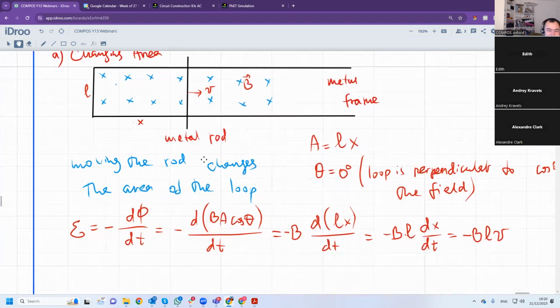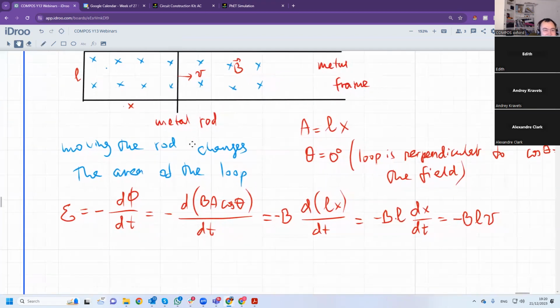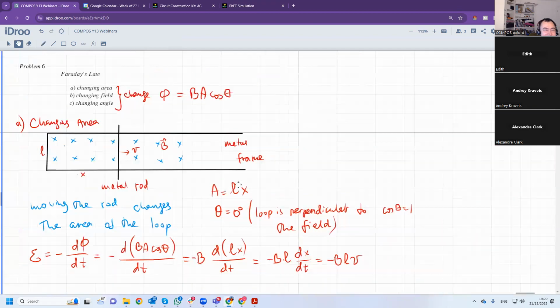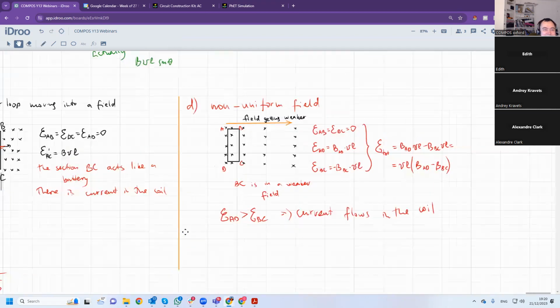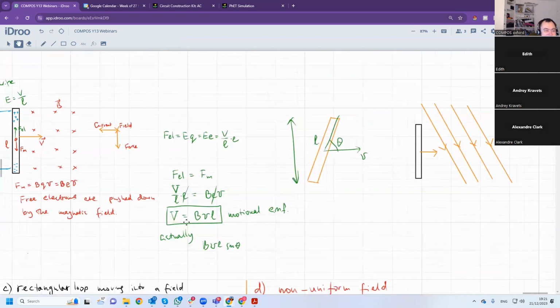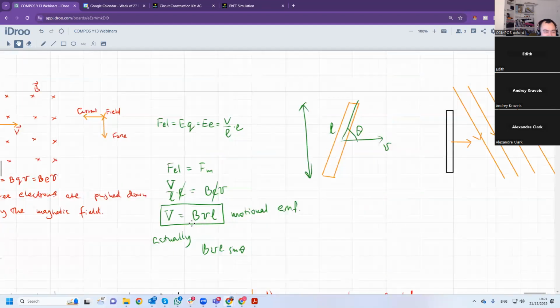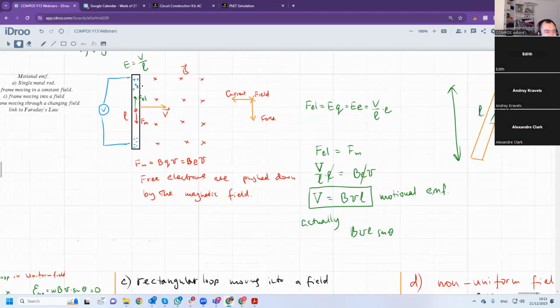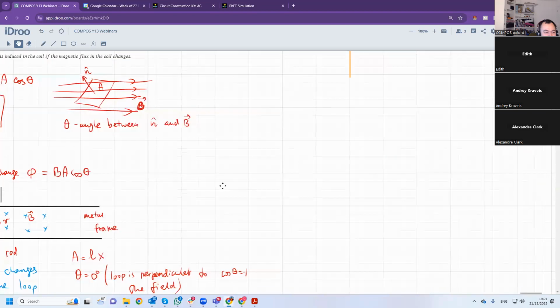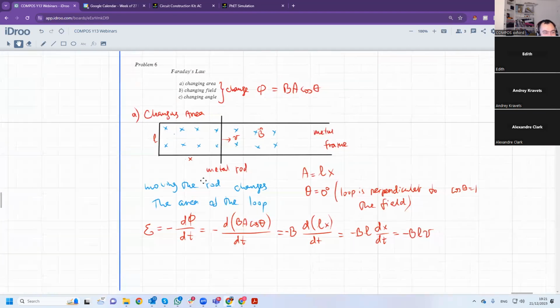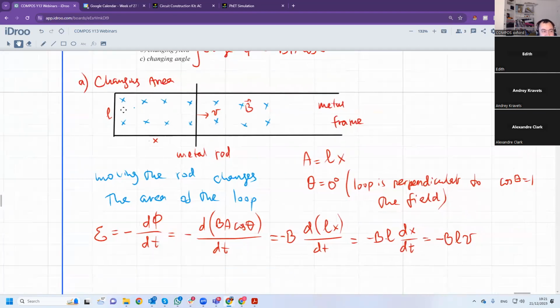EMF is equal to BLV. Where did we see that? Have we seen this before? Motional EMF, of course. A rod moving through a magnetic field produces an EMF, which is BLV. And that's the same. We have got the same result by increasing the area of a loop.